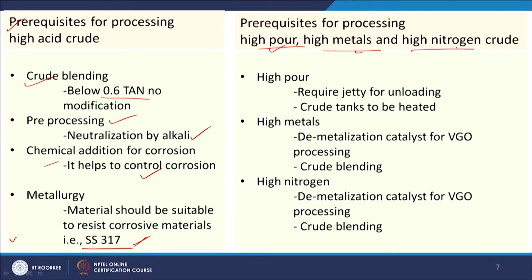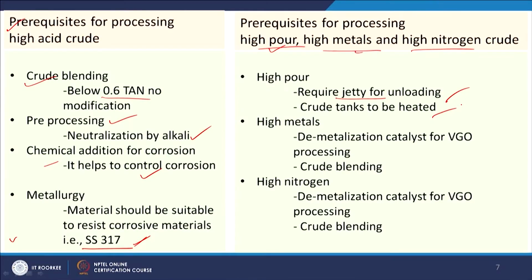For high pour point, high metal and high nitrogen content crude, we may require a jetty for unloading. If it is a high pour point crude, the tanks have to be heated so that it can be in liquid form. And if high metals are present, then we need a demetallization catalyst for VGO processing, and crude blending is another option, so the metal concentration will be reduced.